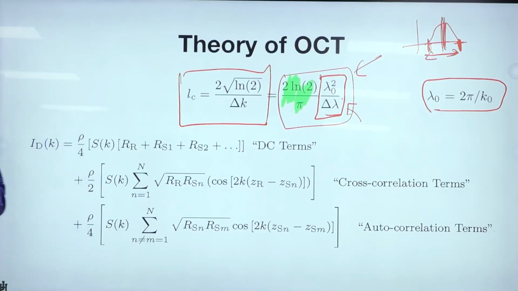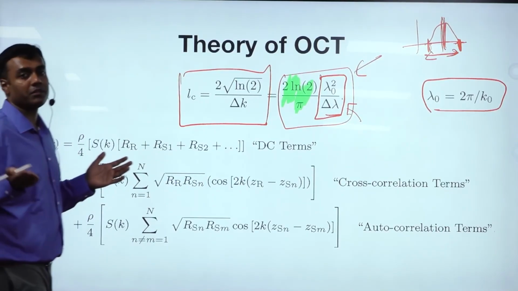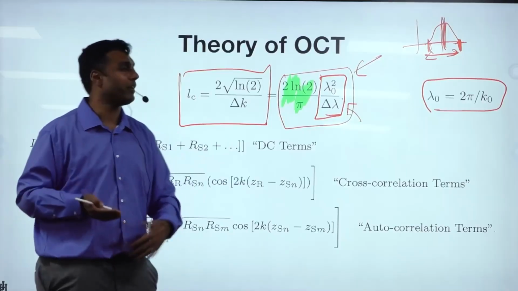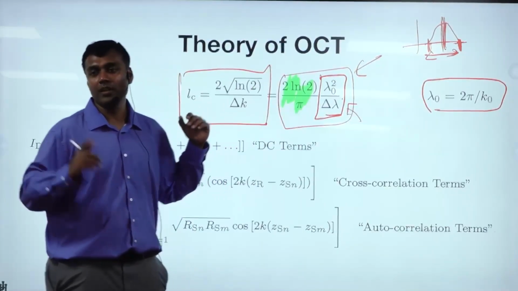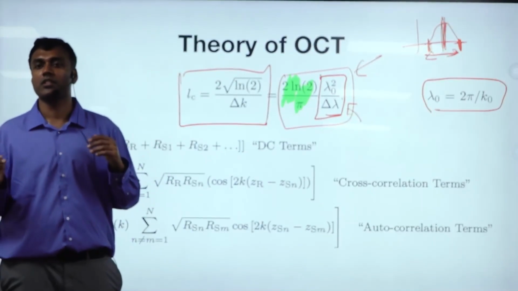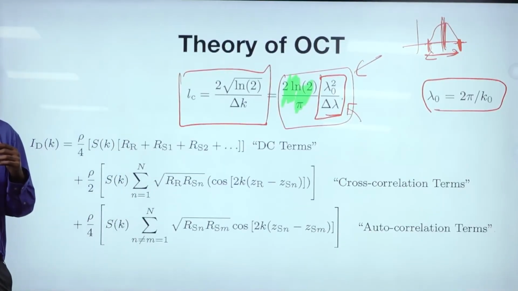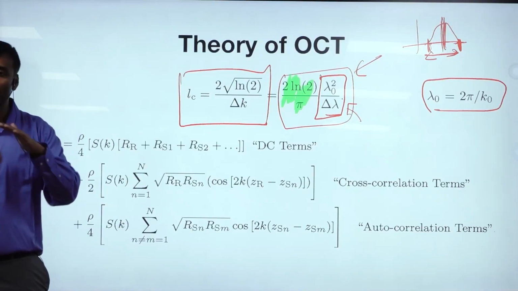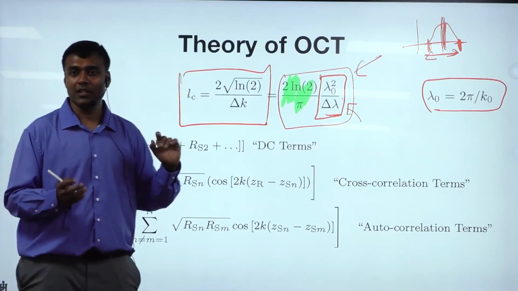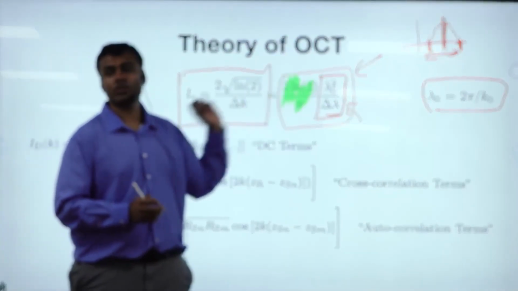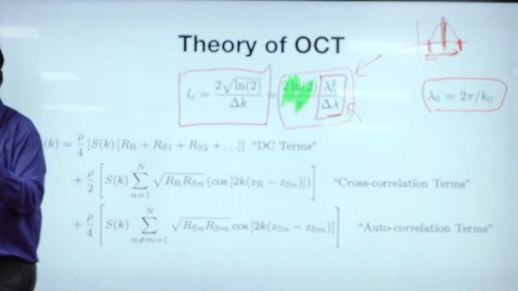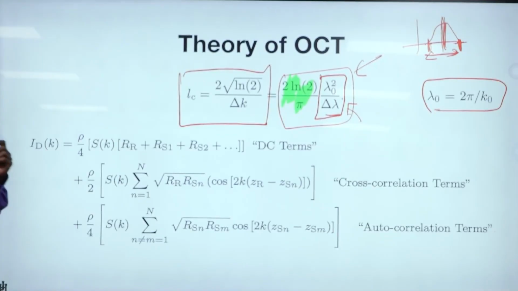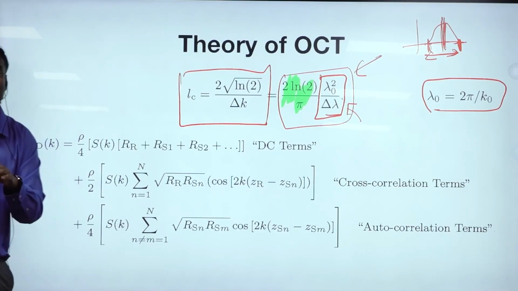So why would you want to use longer wavelengths instead of just using the smallest possible one? You remember there's another thing, which is scattering, and therefore the depth to which you can go is another consideration. If you want to go deeper, you want to use long wavelengths, but when you go to long wavelengths, resolution becomes worse. So it depends on exactly what you want to see. In cancer, what are the features? What size of features do you want to see? How deep are the features inside?